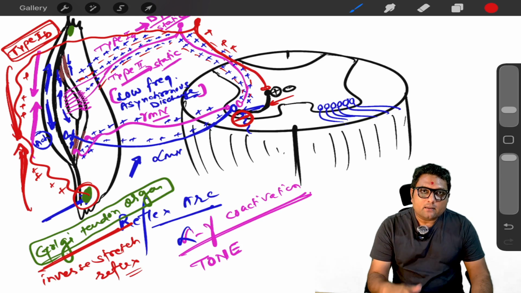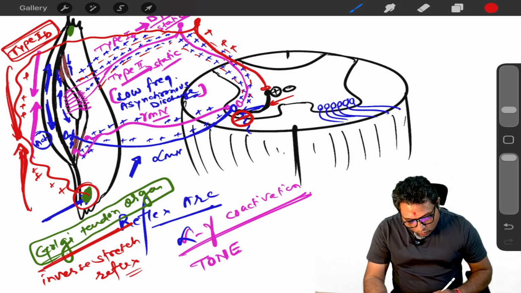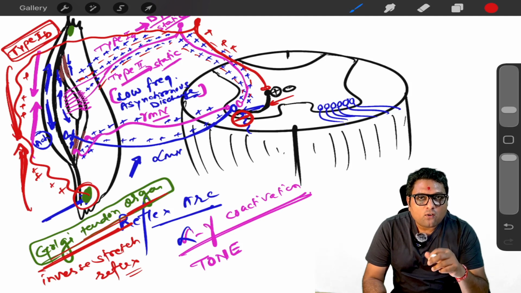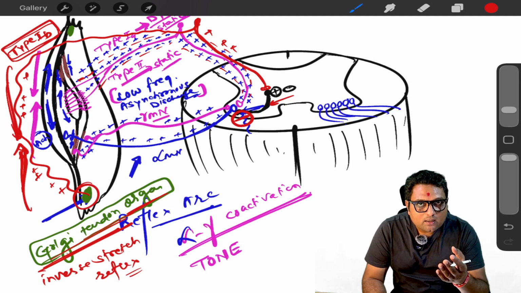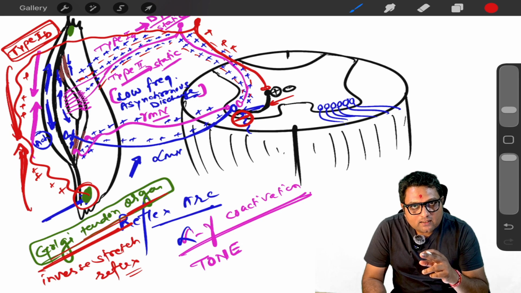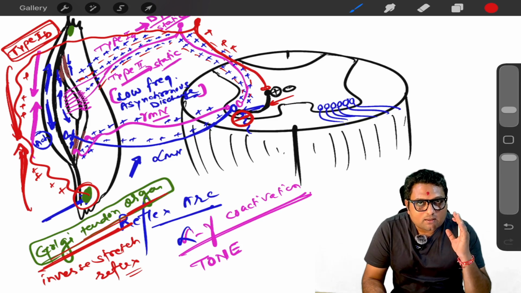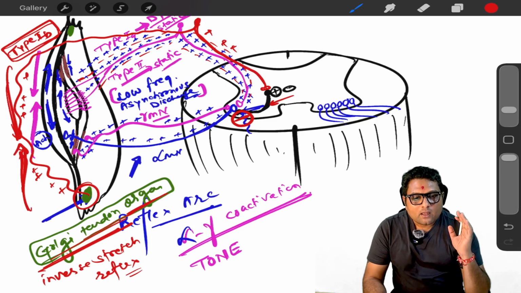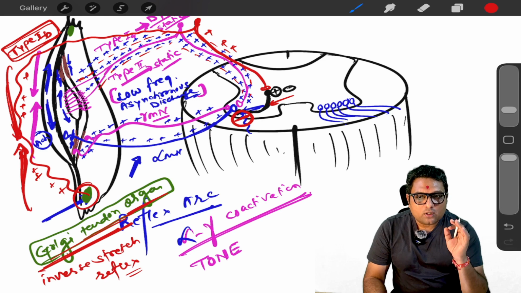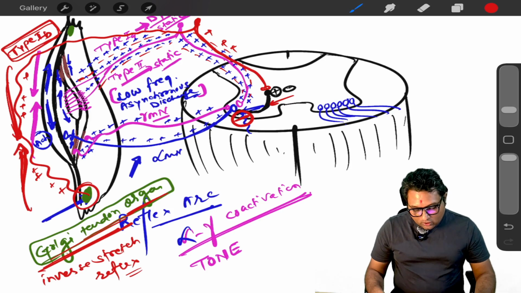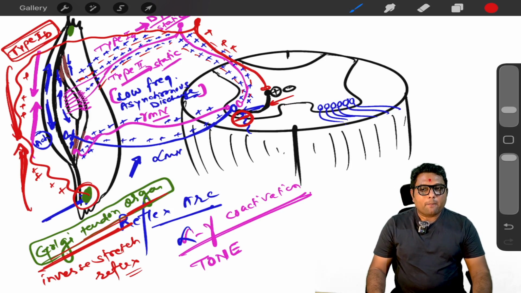Okay, clear? So the Golgi tendon organ responds to change in rate of tension within the muscle, whereas the stretch reflex responds to change in length of the muscle. This is the basic conclusion of the stretch reflex and inverse stretch reflex. So this is all about the stretch reflex.